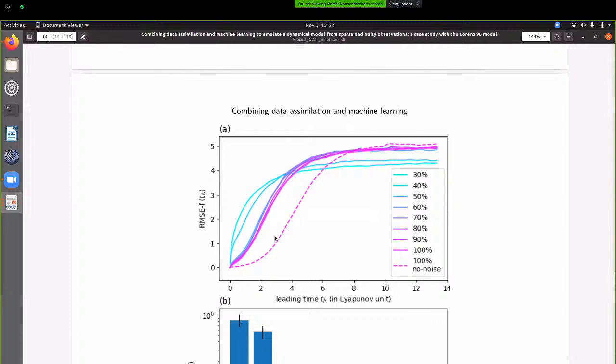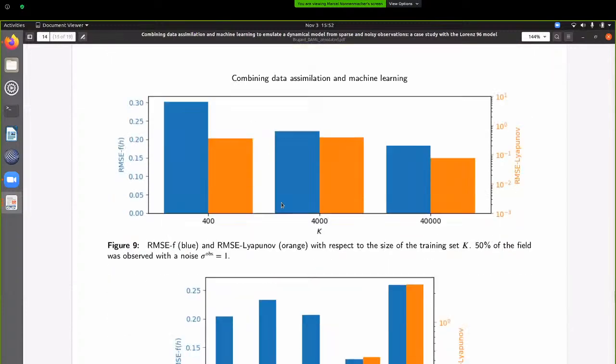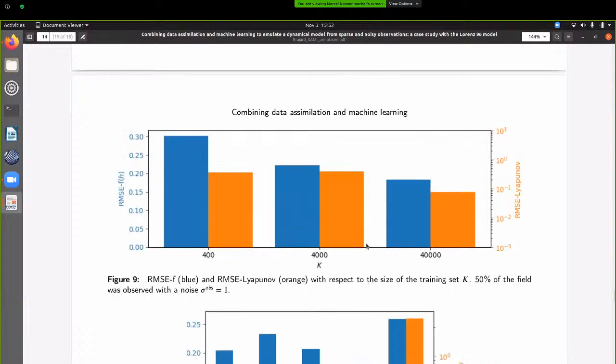Okay. Then there's one thing that's always interesting: how much data do you need? As expected, the more data you have, so this is forecast errors and the Lyapunov, so the mean squared error on the Lyapunov exponents, the better you can estimate the system.